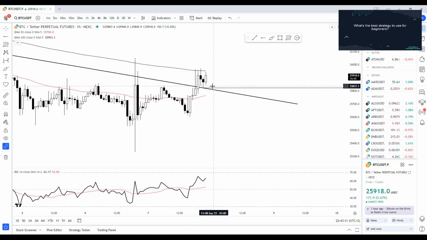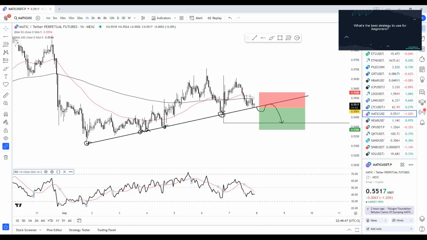If I enter a trade at this area, but then it moves below the trend line and closes here, then I would consider the trade invalidated. It is never a guarantee that a setup will work or that a trade will go exactly as you think it will go, because there's always a possibility of it going the wrong way or the other way.